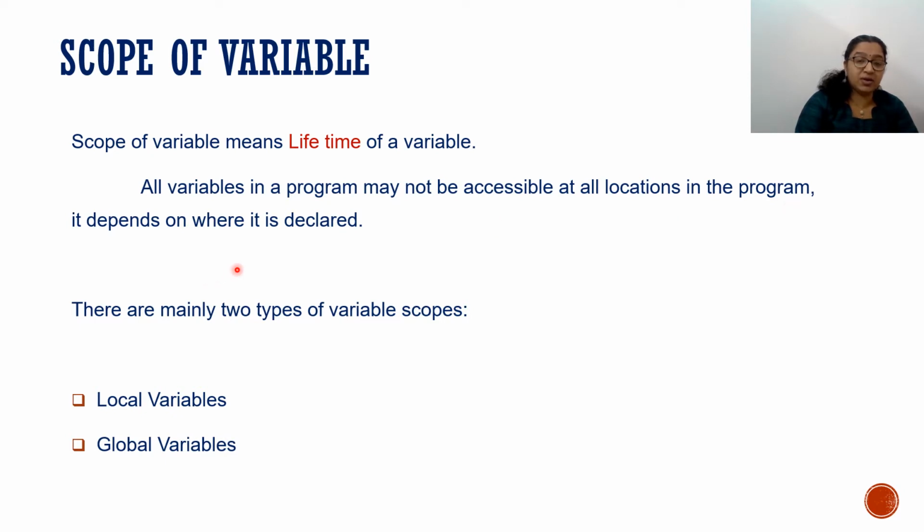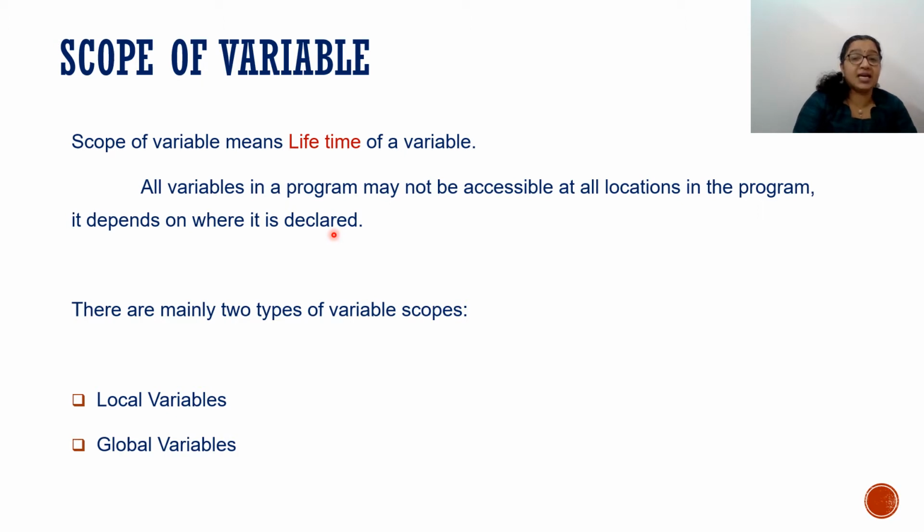It depends on where it is declared. So where we declared that variable, according to that only we can define the lifetime of a variable. That is scope. Scope of variable means the lifetime of the variable. We can define that lifetime according to the declaration of that variable.